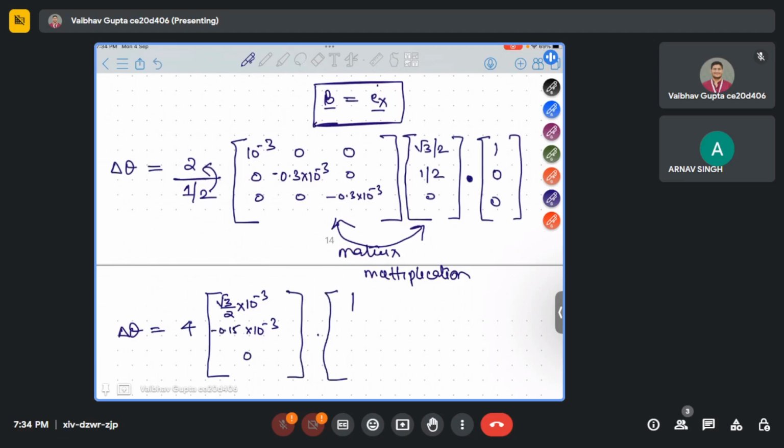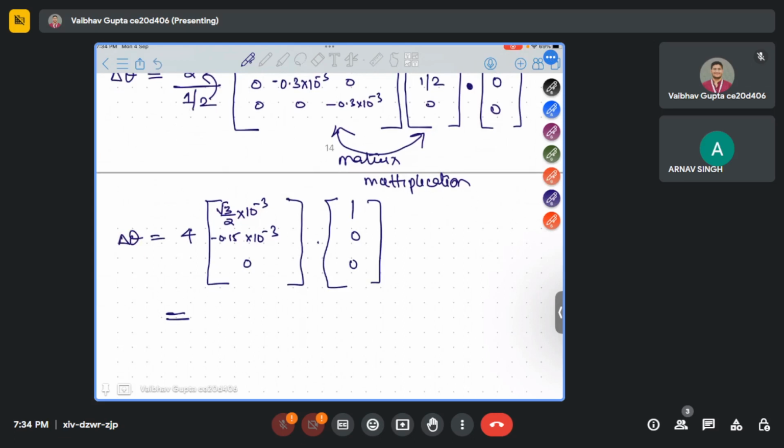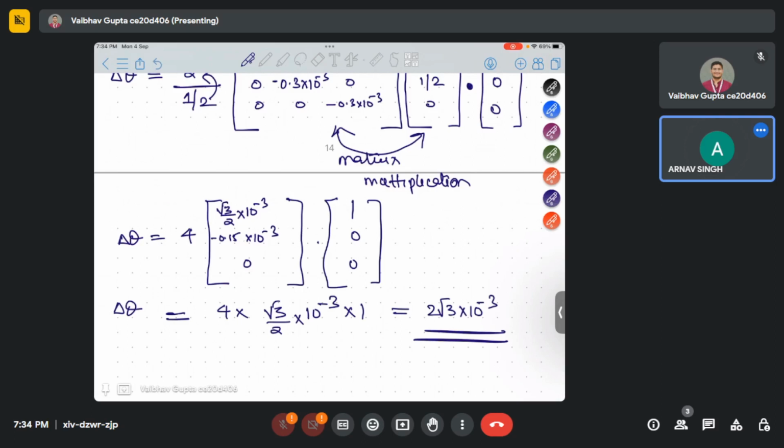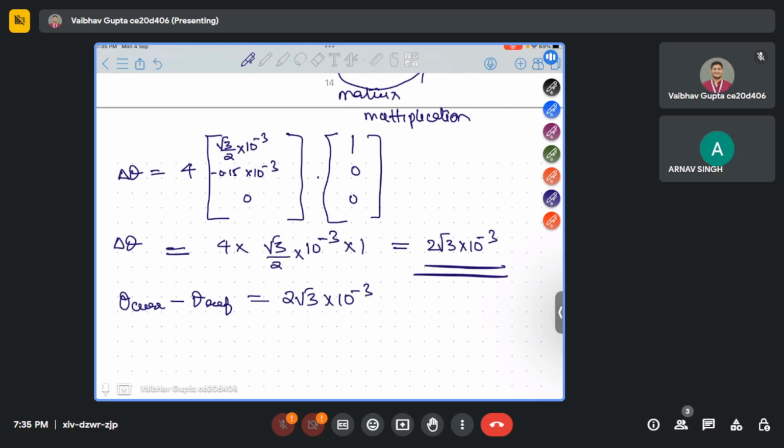Dot product is 0, 1, 0, 0. This is nothing but you will get 4 into root 3 by 2 into 10 to the power minus 3 into 1, which is nothing but 2 root 3 into 10 to the power minus 3. This is the change in angle. So your change in angle, theta current minus theta reference, is equal to 2 root 3 into 10 to the power minus 3.